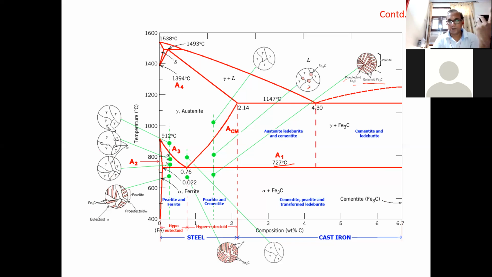That cooling rate decides how much time the carbon atoms get to settle into the basic unit cell of the iron, which is FCC or BCC. BCC is alpha ferrite, BCC is delta ferrite, and FCC is gamma, that is austenite.